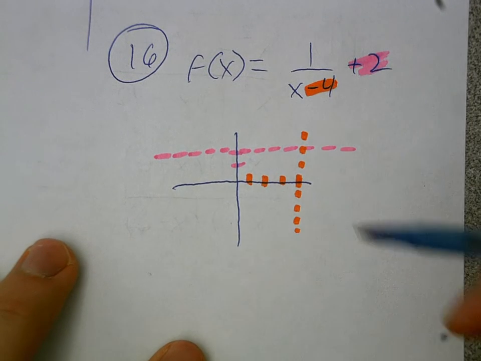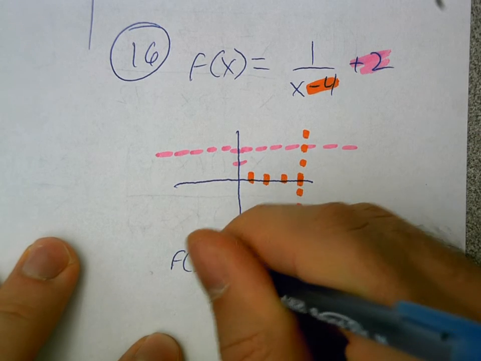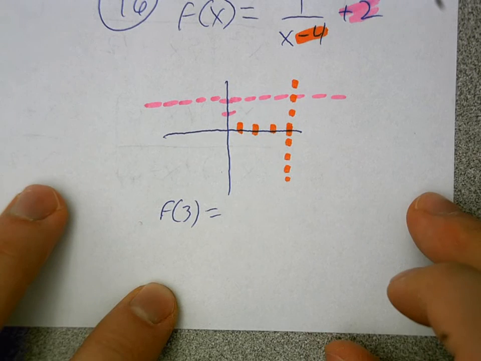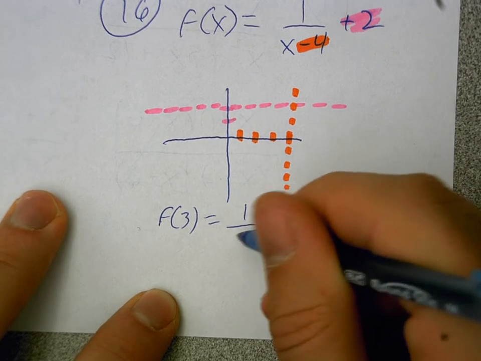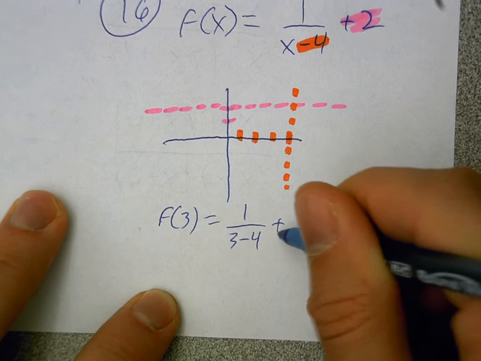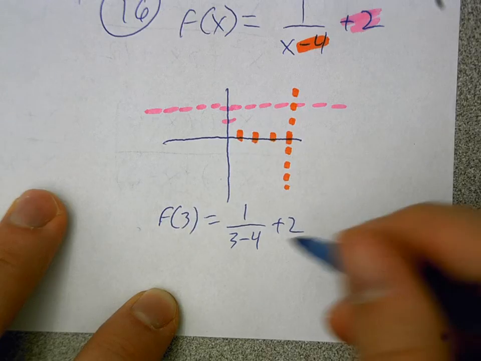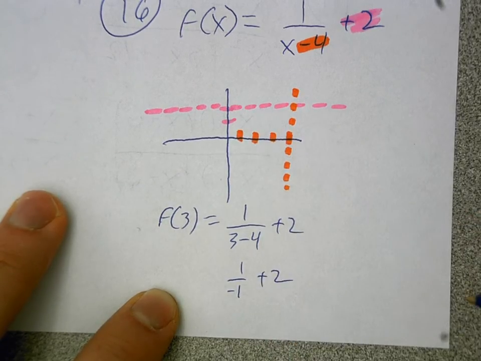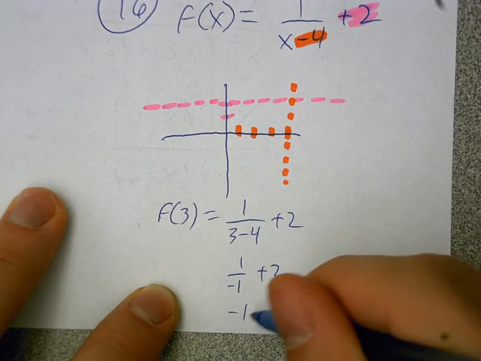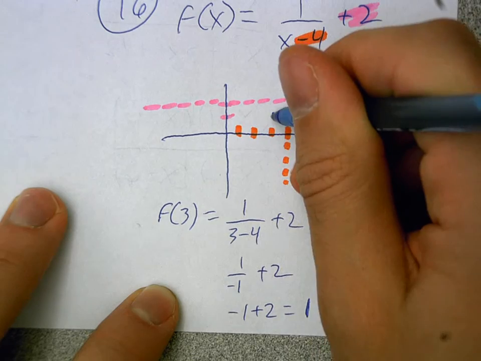So I could do f of 3. F of 3 would be 1 over 3 minus 4, plus 2. 3 minus 4 would be negative 1. And that really ends up just being negative 1 plus 2, which is just 1. So 3, 1 would be the point right there.